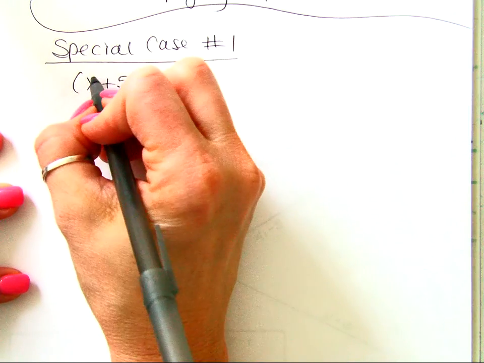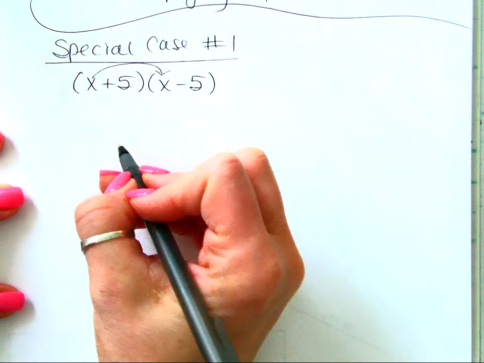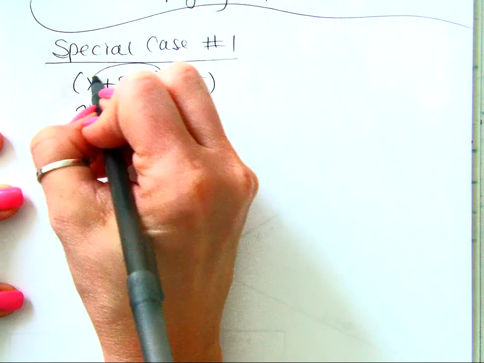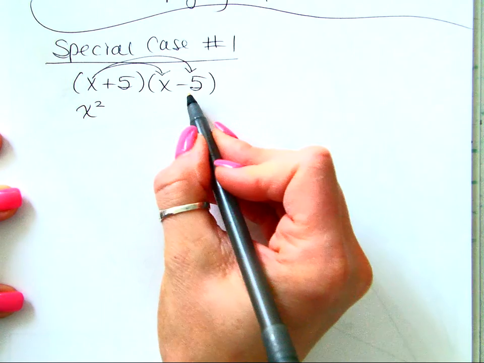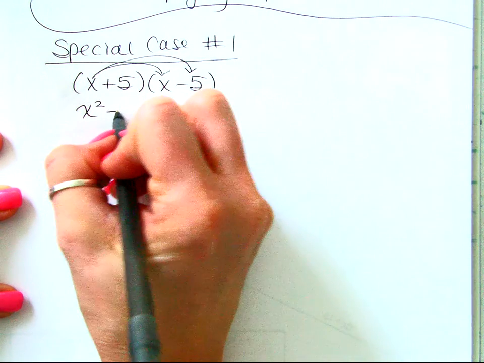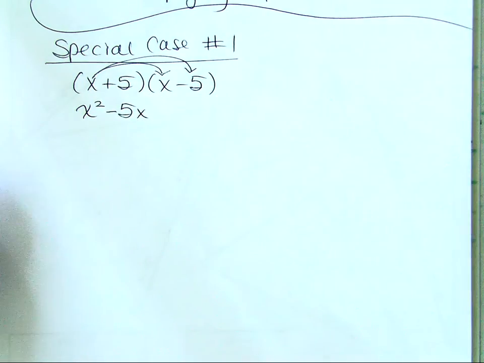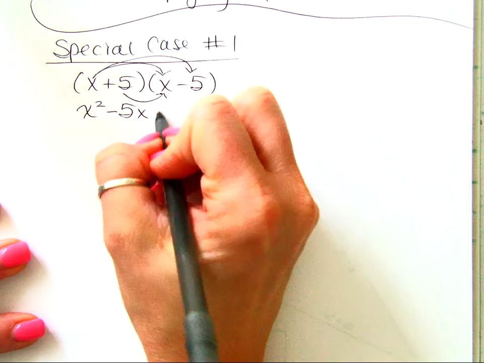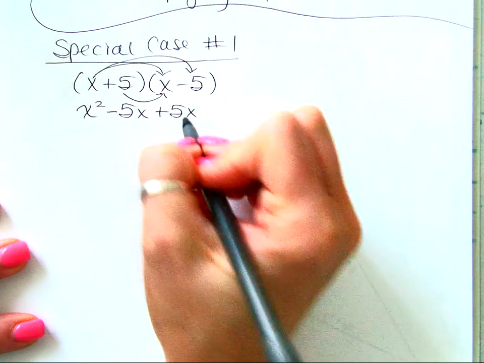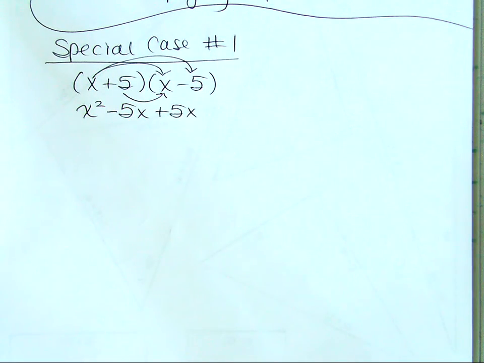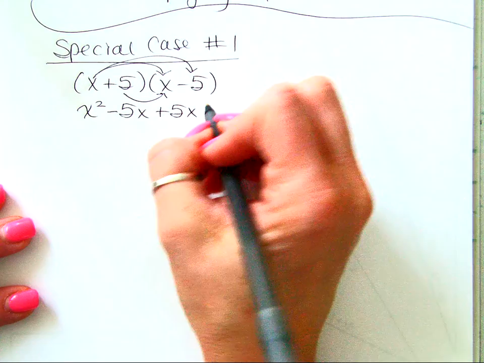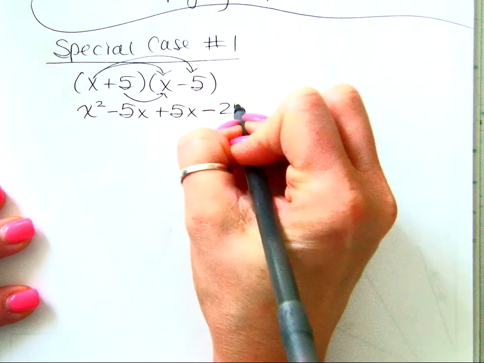So I'm going to distribute the x times the x and get x squared. Then the x times the negative 5 and get negative 5x. Then I'm going to distribute the positive 5 and get positive 5x. And then I'm going to distribute the positive 5 to the negative 5, which is negative 25.